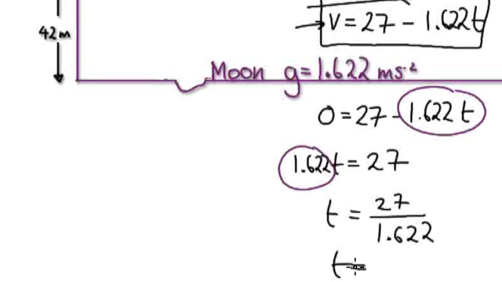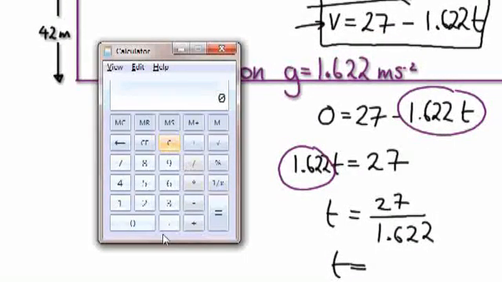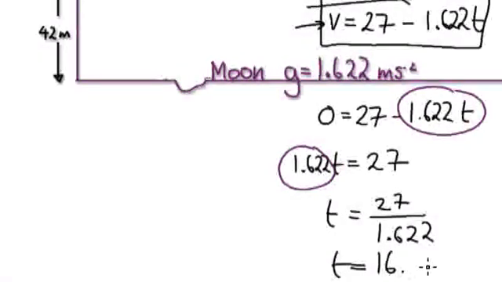That gives you t. Jump to a calculator. 27 divided by 1.622 equals this. So the time it takes to get to its maximum height will be 16.65 seconds.